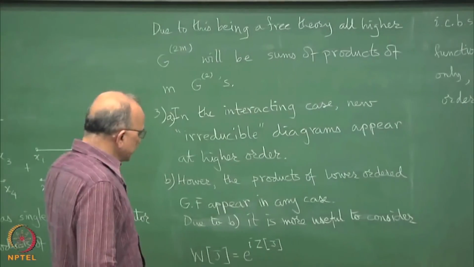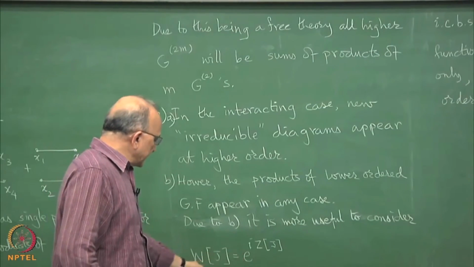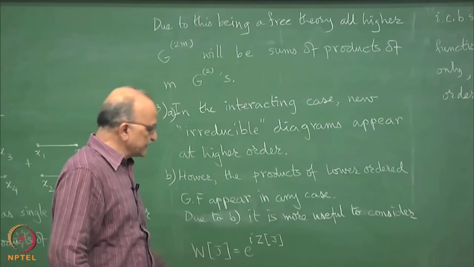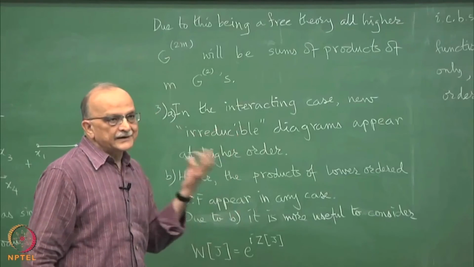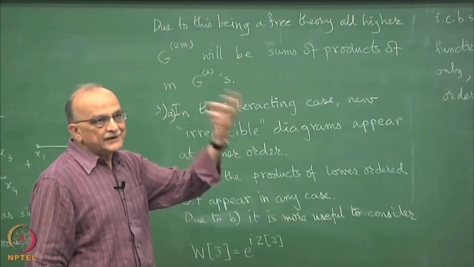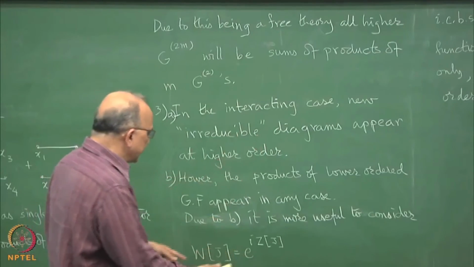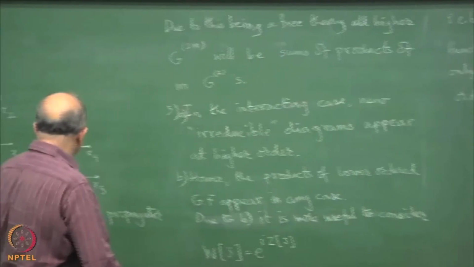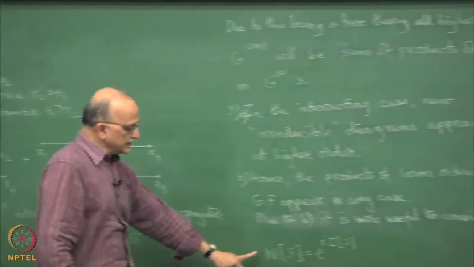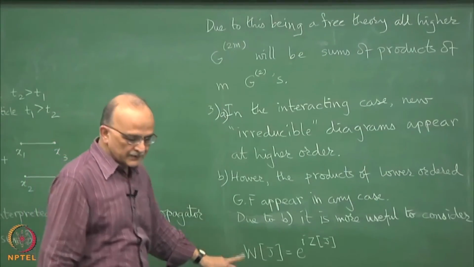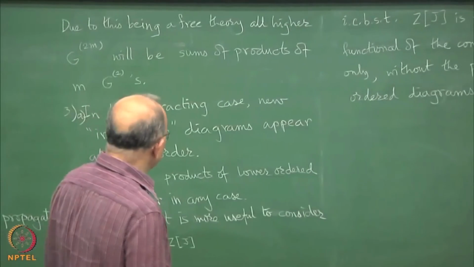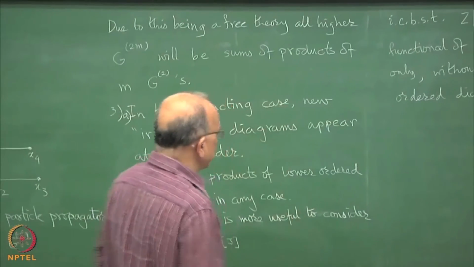But one can show that if you take the log of W, which is this Z, then you get only the connected ones. And when you exponentiate this connected diagram generating function, then you will generate all the product pieces in exactly such a way as to get the W with products of lower order diagrams multiplying it.